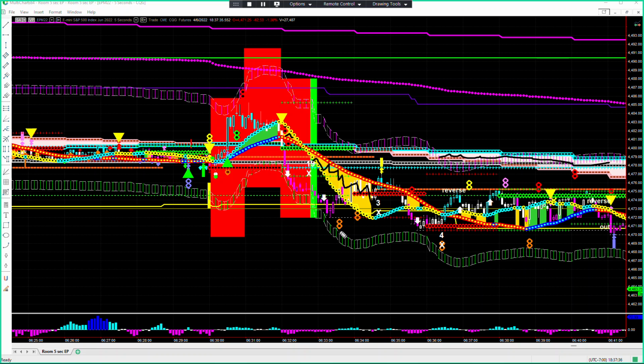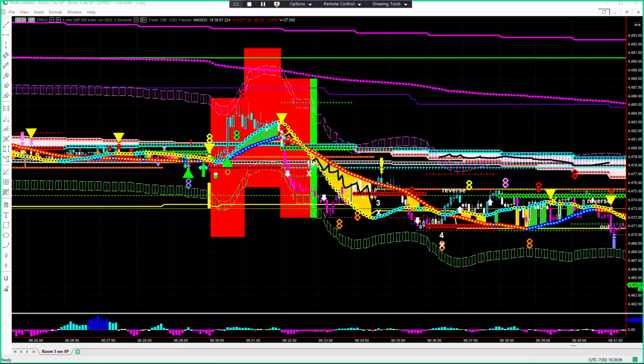So when the flexes are lined up, meaning in this case, for instance, both flexes are heading down, right? And either one of two things: either the gap is getting larger between ultraflex and fast flex, or the close is underneath ultraflex.